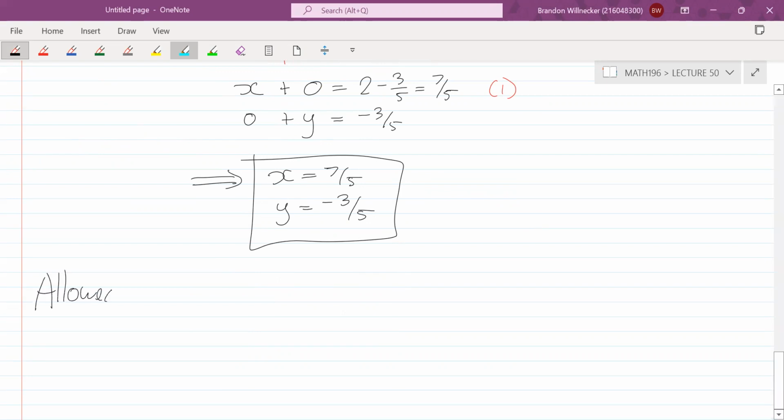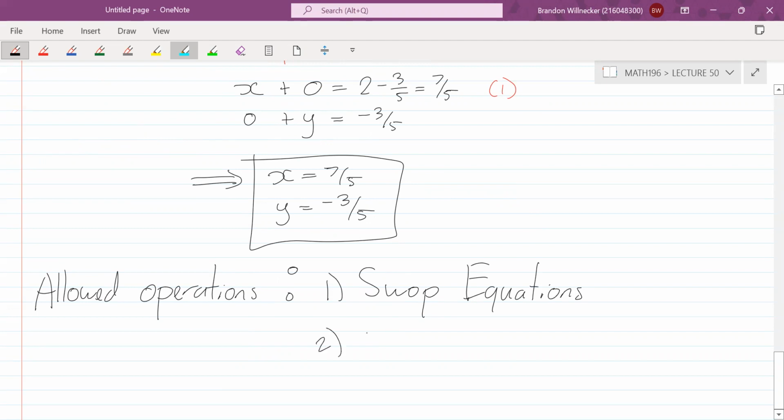So allowed operations. Number one, let's say we can swap equations. Number two, we can multiply/divide equations by a constant.